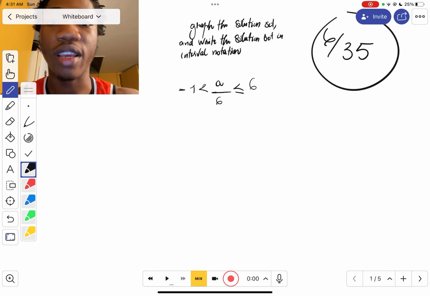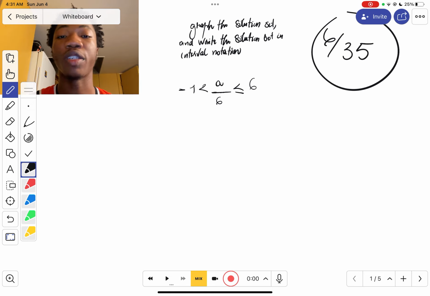So it's going to be 6, obviously, because we want to cancel it using 6, 1 at the top, 1 at the bottom.